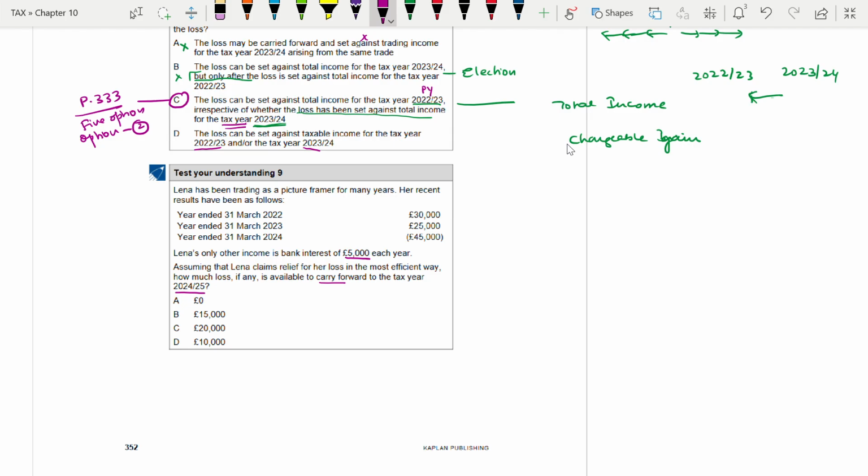Trading profits are how much? 22, 23, 23, 24. What they are asking us: how much they lost, assuming Lena claims relief for her loss in the most efficient way, and if any is available, carry forward for the tax year 24-25.